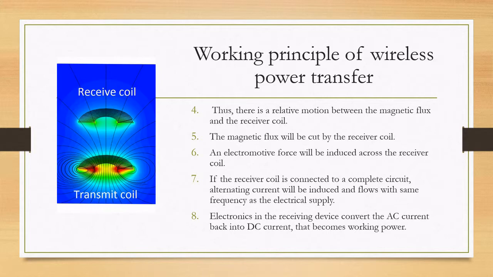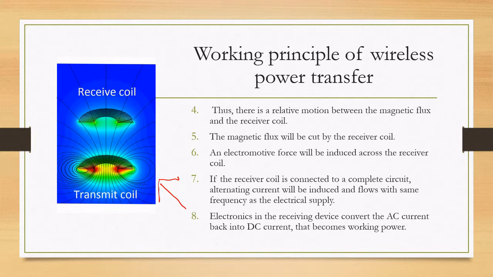In the previous slide, I did mention that when the transmitter coil is powered by AC current, an oscillating magnetic field will be produced. The magnetic flux around the transmitter coil will be diverging and converging continuously due to the varying magnitude and direction of the AC current supply, as shown in the diagram here.